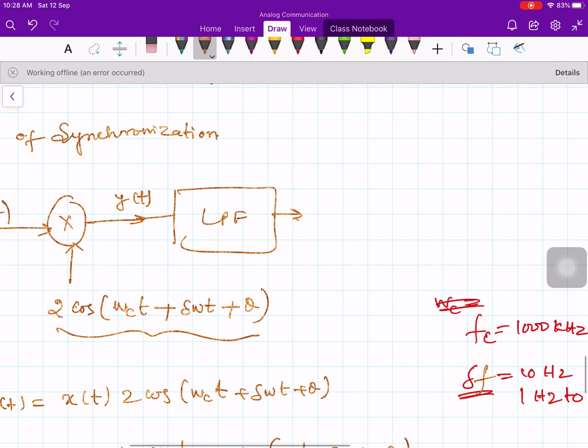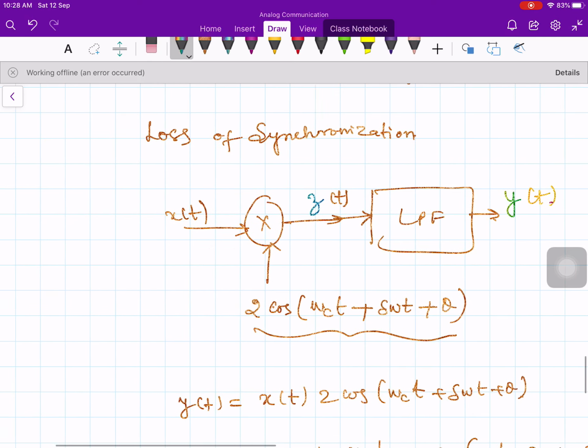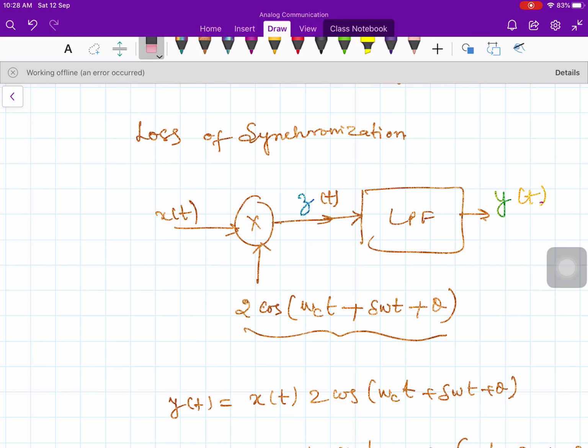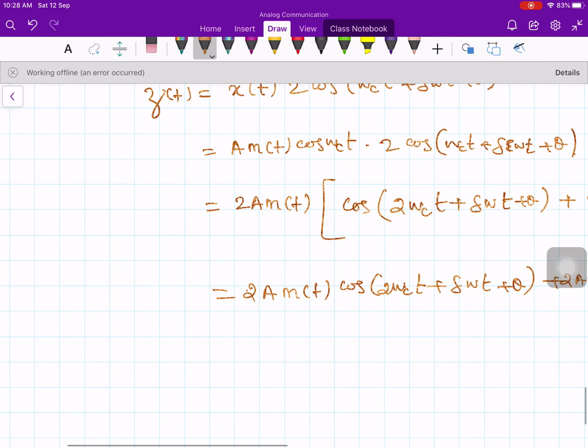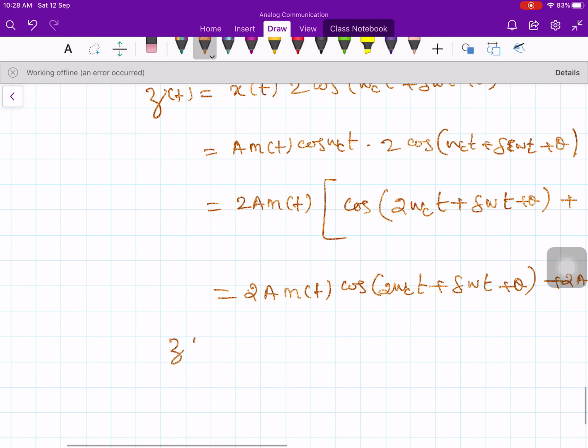You are passing this through the low pass filter. Maybe I will call this z of t, no issues, and this one y of t. So this is my z of t, and z of t is passed through a low pass filter.